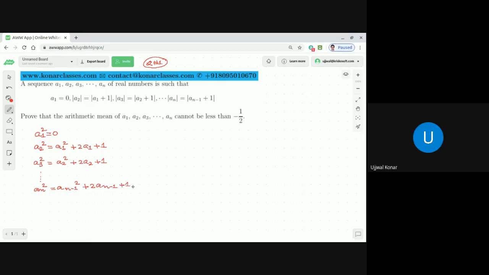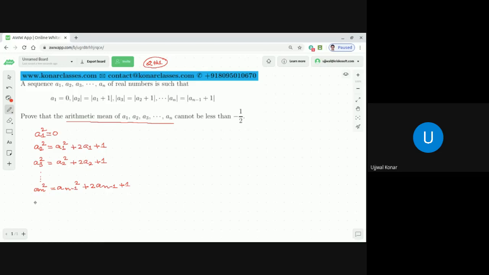Now, if you look into the right hand side, I have 2a1, 2a2, 2a3, 2a n minus 1. That gives an indication that I need to add all these things, because that is the only way I can go to the arithmetic mean as given in the question. But it is still a n minus 1, so it is better to introduce another term, a n plus 1.